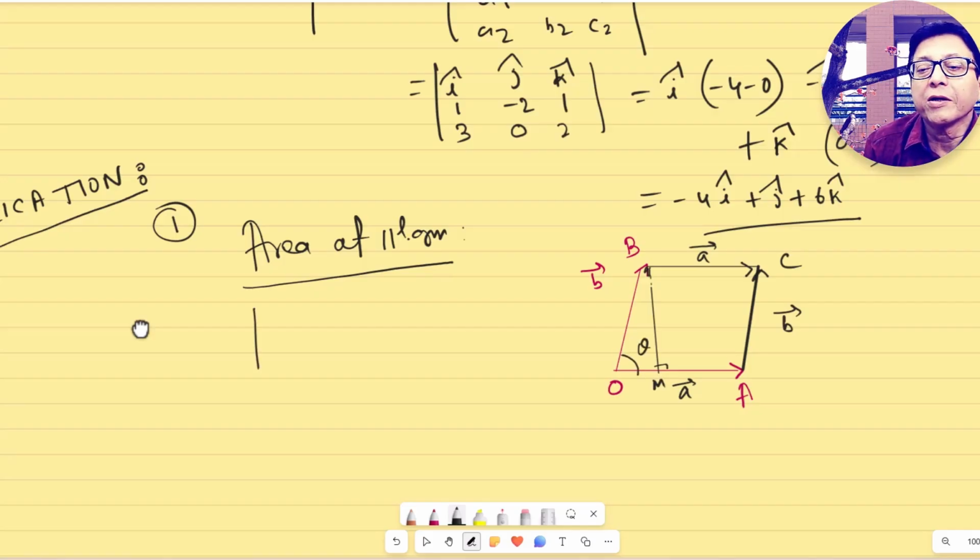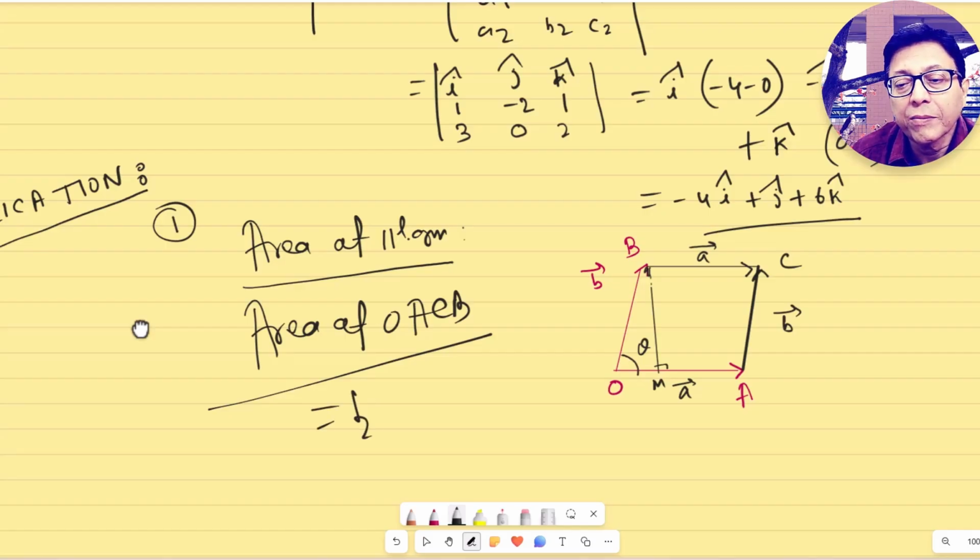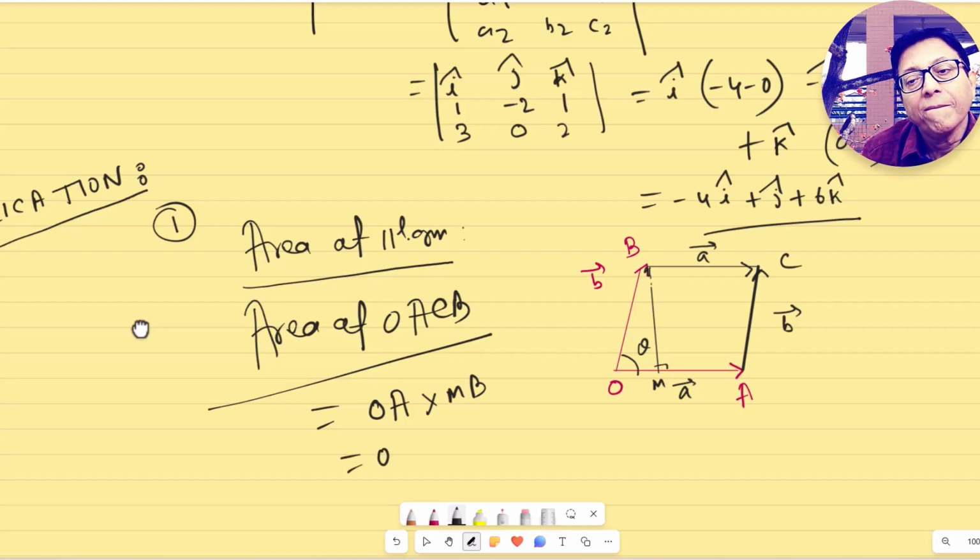So this is a parallelogram. OACB is a parallelogram. What is the A vector here? OA equal to A vector and OB equal to B vector. So this one B means this is also B, this one A means this is also A.